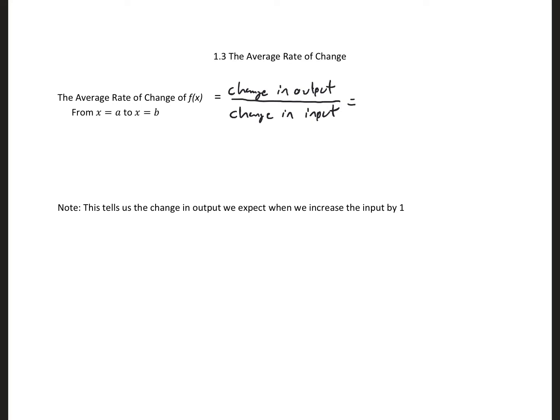Formula-wise, to find the change in outputs, we take the output at b and subtract the output at a. So f of b minus f of a, over b minus a. This formula will specifically tell us how we expect our function to change when we increase the input by 1. That's going to be a very important idea in our next video when we start looking at some interpretations of the average rate of change.